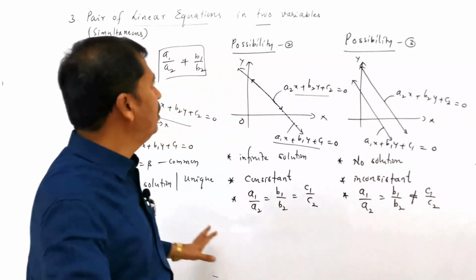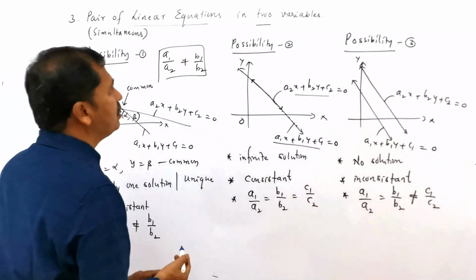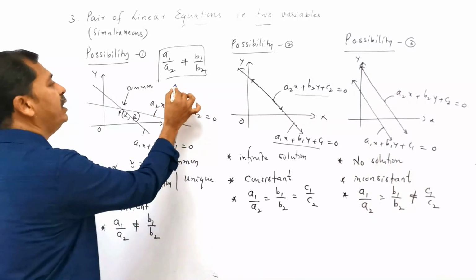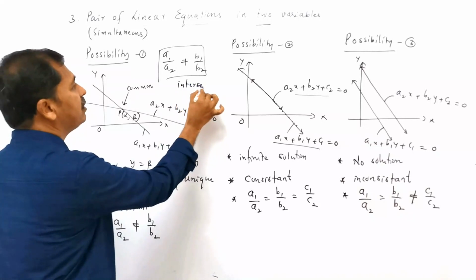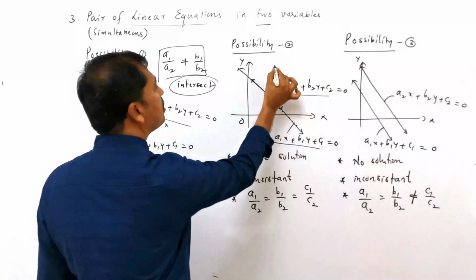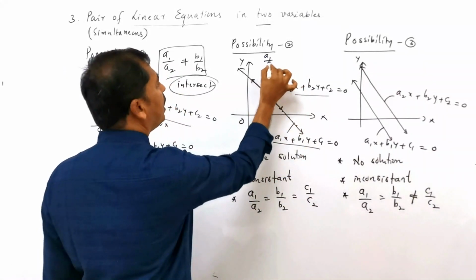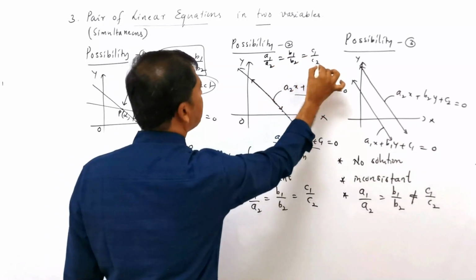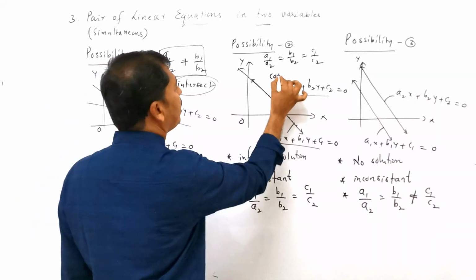So geometrically, if you plot the graph of the simultaneous linear equations, in the first case they intersect. When this situation comes, a1 by a2 is equal to b1 by b2 is equal to c1 by c2; in this case, they coincide.